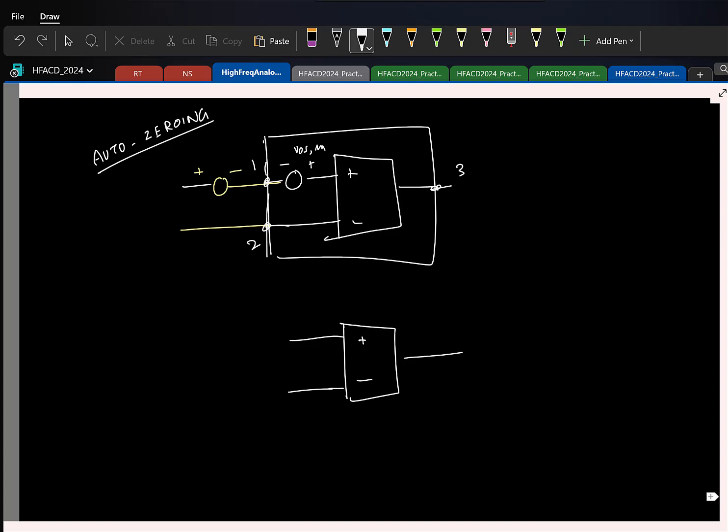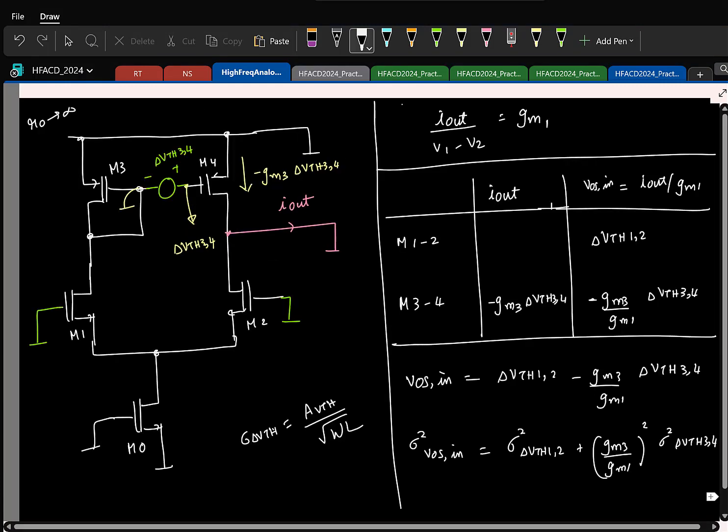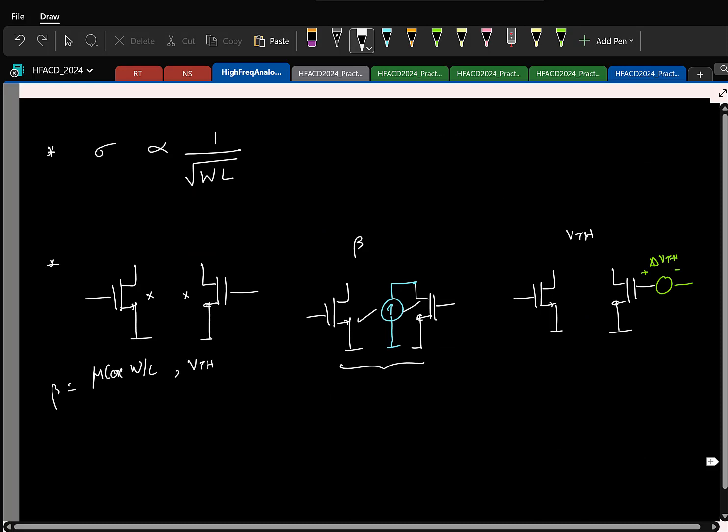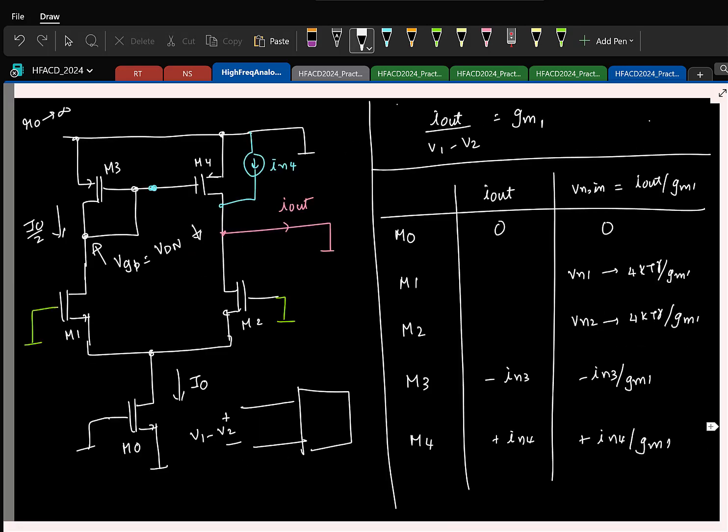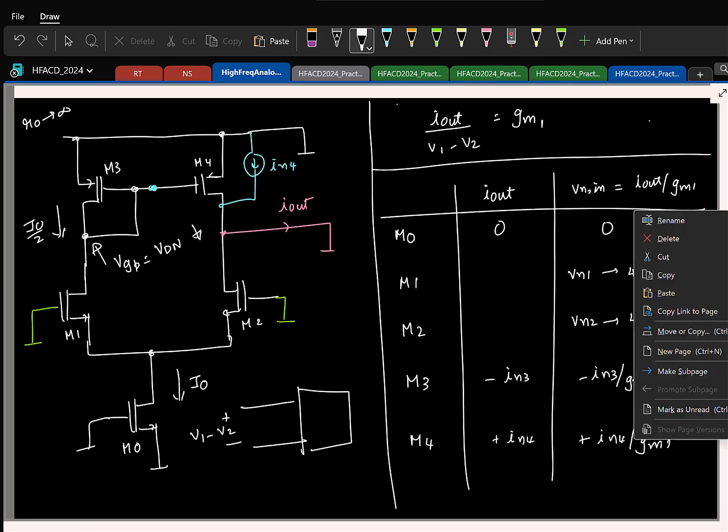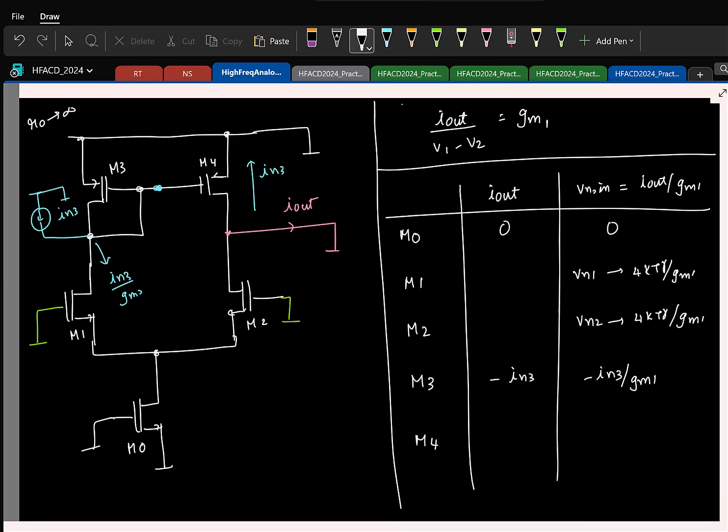Cool. So now this is done. Let's quickly do one more. So after this 5-transistor OTA, what did we look at next? Yeah, cascode. Let's do the telescopic cascode quickly and finish today.